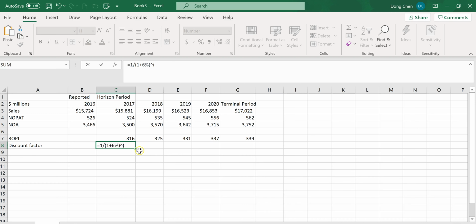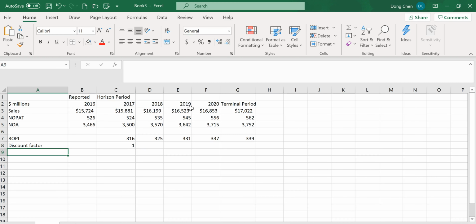The reason is that after that, I can just drag the cell all the way to the right, and then Excel will automatically calculate the subsequent years' discount factors. So I just want to put this number and minus 2016. So 2017 minus 2016 for this year equals 1.